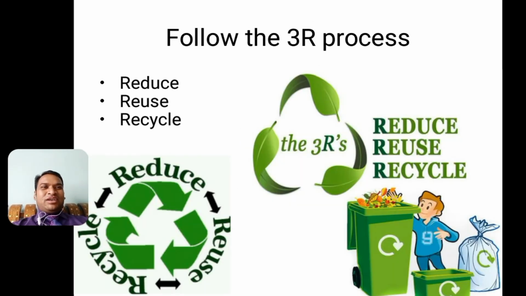So we can follow the rules of the 3R process. You already know this 3R process. 3R means reduce, reuse and recycle. If we follow this 3R process, we can easily conserve the natural resources. Now we talk about some of the rules of this 3R.